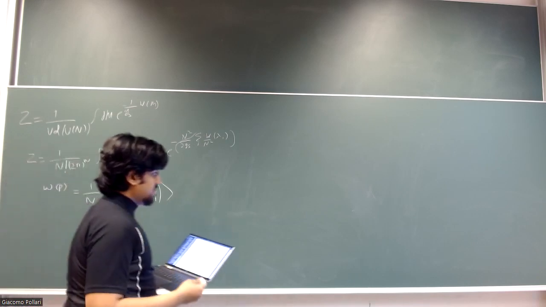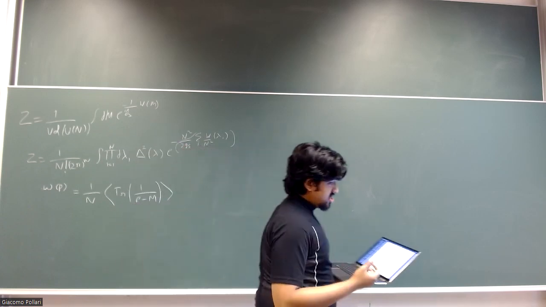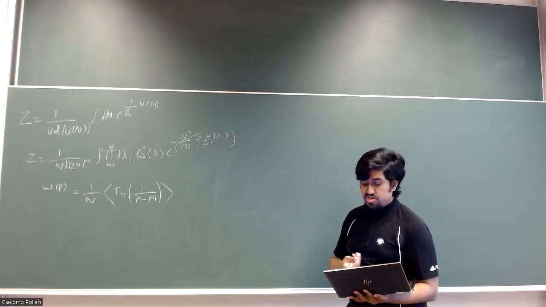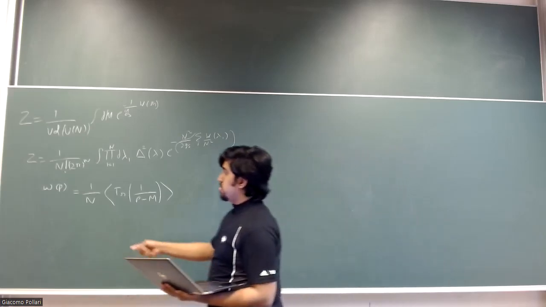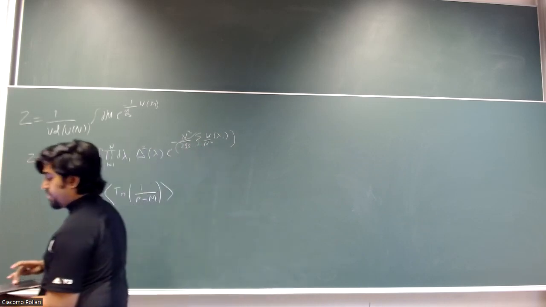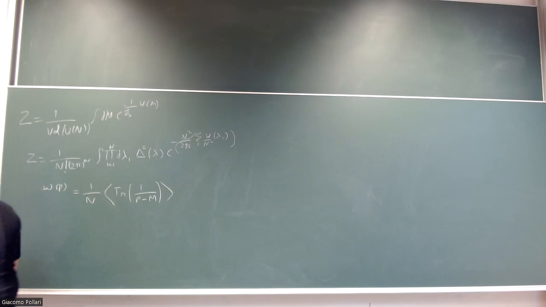After doing that, we saw that at leading order, just by knowing the form of the potential and the eigenvalue distribution, we can get the leading order term for the resolvent. Then for the simplest case of the Gaussian model, we were able to see what the solution was. So that's where we stopped last time.